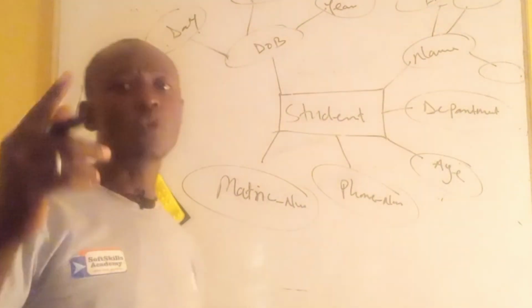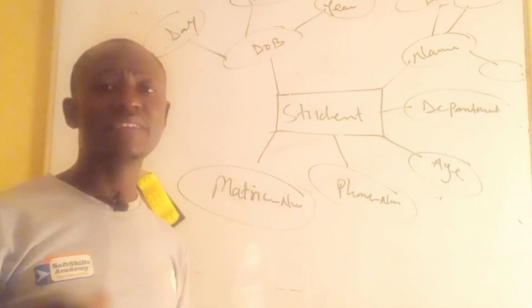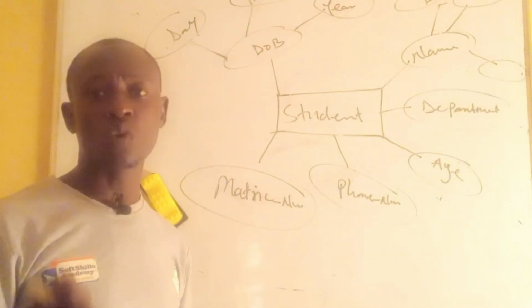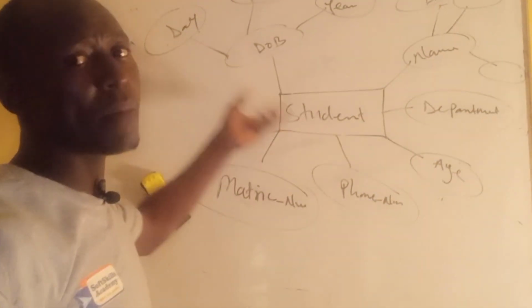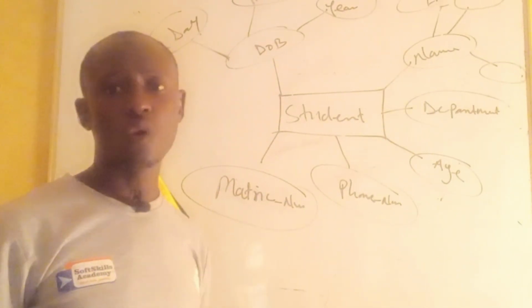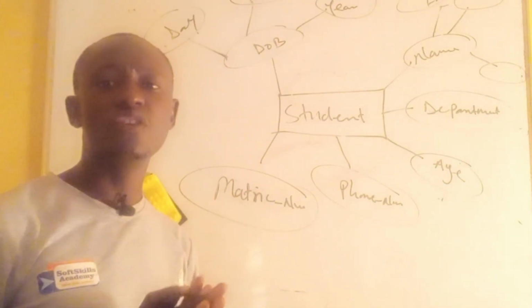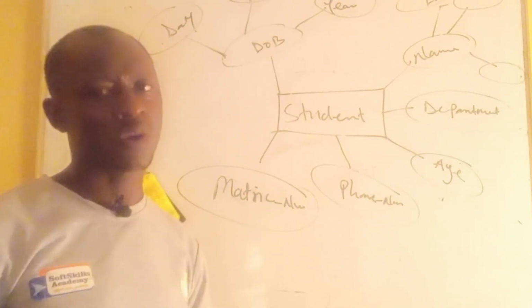You remember, we said a strong entity are those entities with a unique identifier or that contain a primary key. So, example, your matric number, are we together? And your staff number and what have you. These are the attributes that you can use in your database management system to uniquely identify your record.